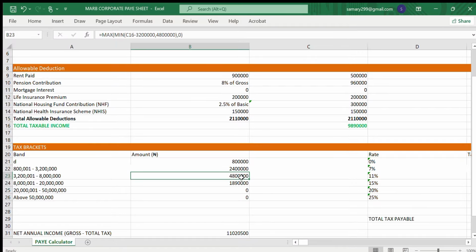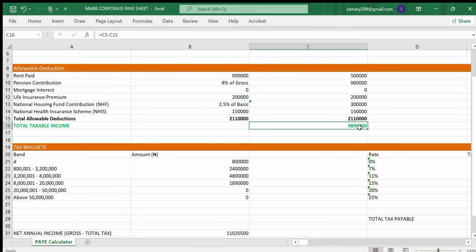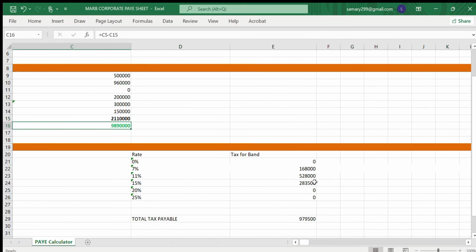So from this 4.8 million, 11% applies to it. Then next is the last one, which is 189,000. If you add all these together, this 800,000, 2.4, 4.8, and this last one, it is going to give you a total of 9,890,000. So that is how we calculate it.